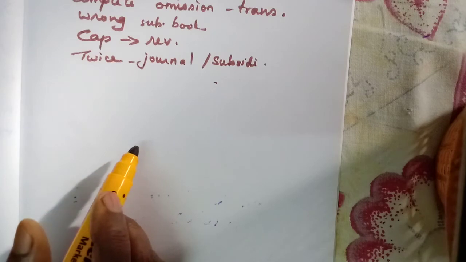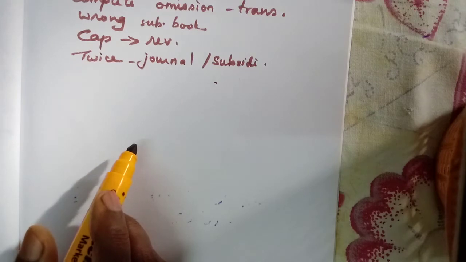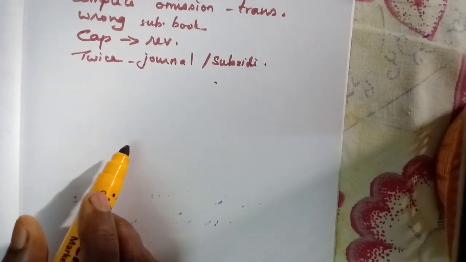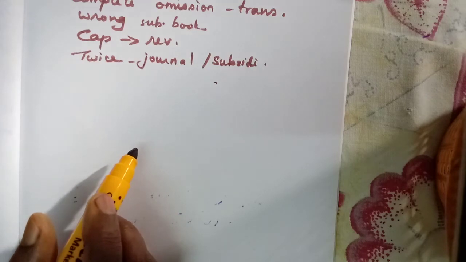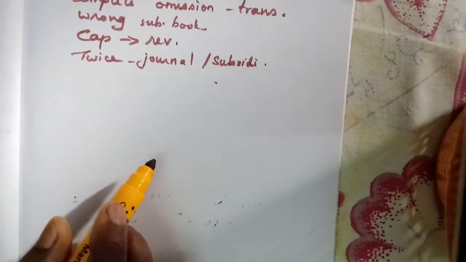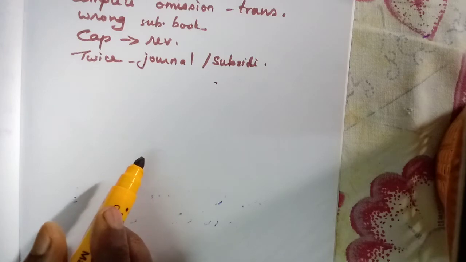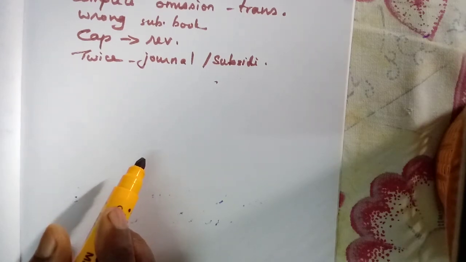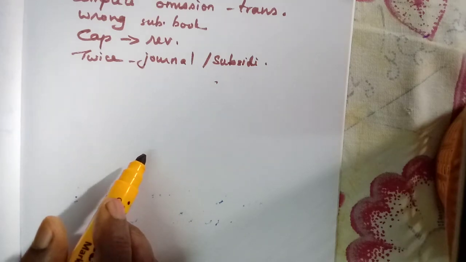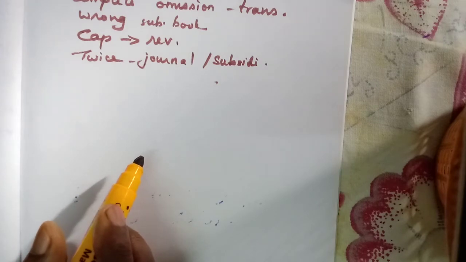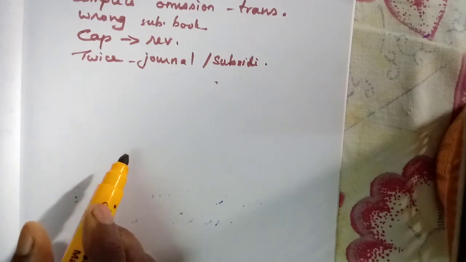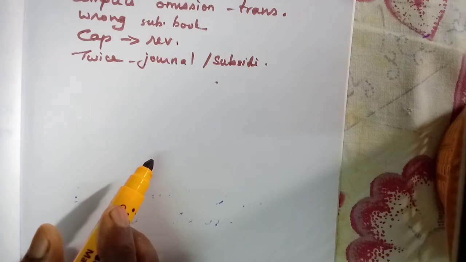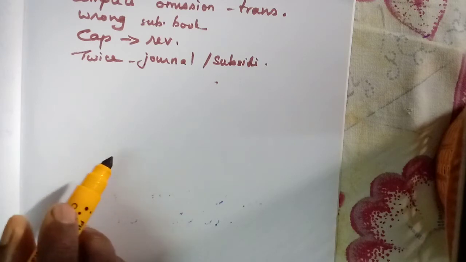Then the subsidiary books must be totaled, to see whether they are totaled correctly. Then each entry from the subsidiary books is posted in the ledger, so we check whether any mistakes were made in posting, whether all the transactions and journal entries have been posted, or any one is omitted. Then we need to add the ledger accounts, whether they have made any mistakes in addition, and in balancing the ledger accounts.